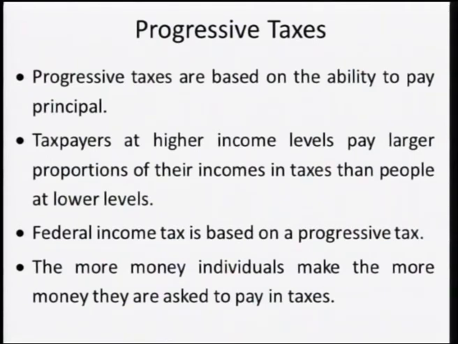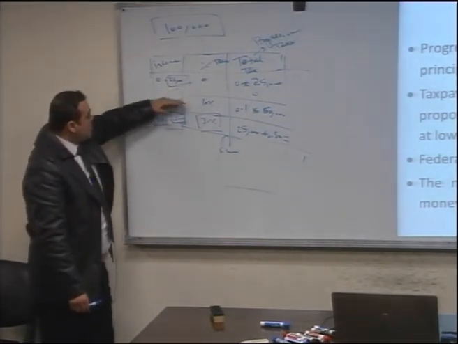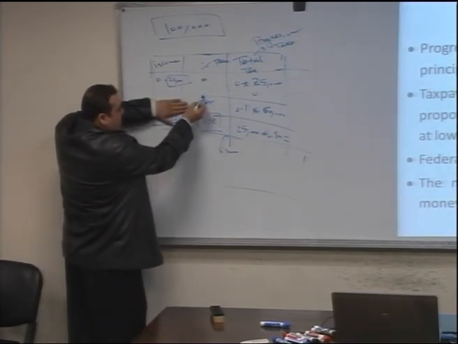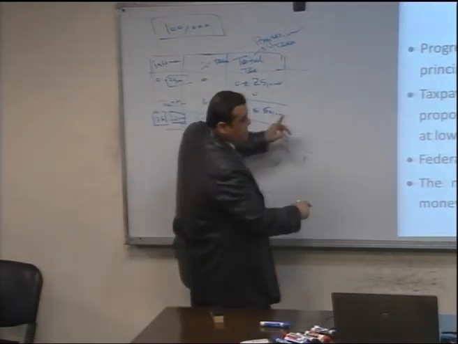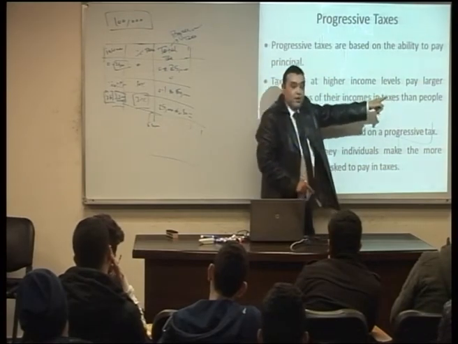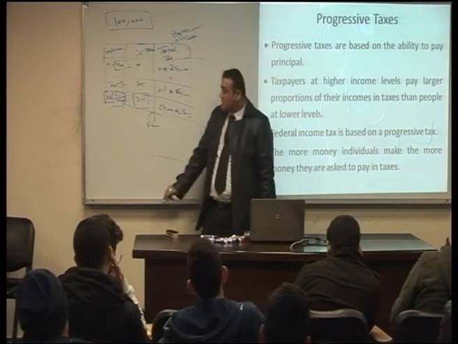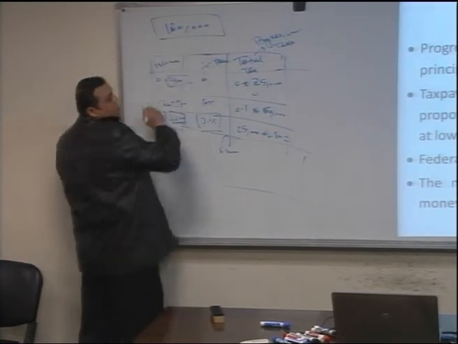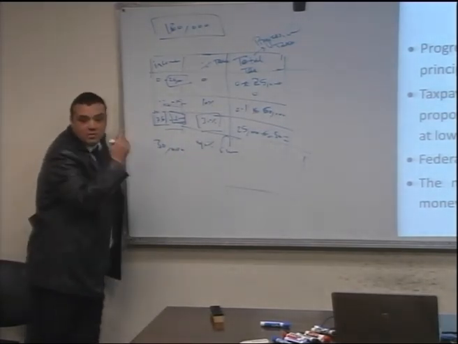Taxpayers at a higher income level pay a larger proportion of their incomes in taxes than people at lower levels. If people have income in the 25,000 bracket, they pay 0 taxes. Someone who earns 50,000 pays 10% on the remaining 25,000. Suppose his income isn't 100,000 but 130,000, he has 30,000 left and pays 40% on it. Or someone else has a different income.